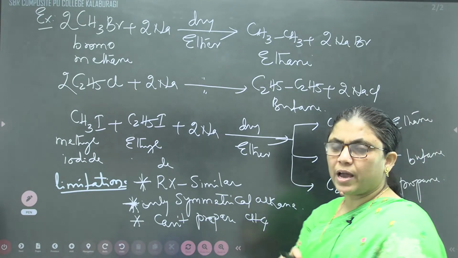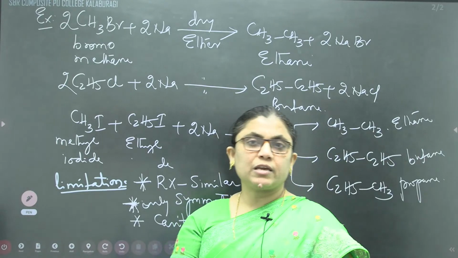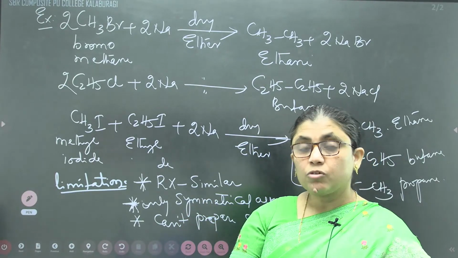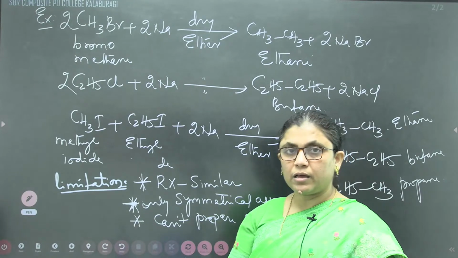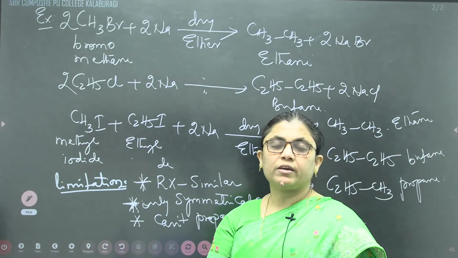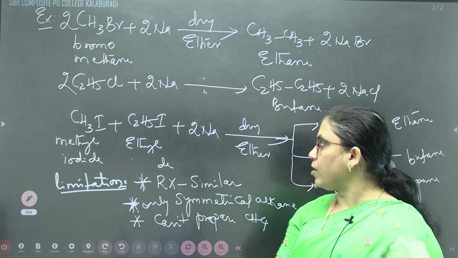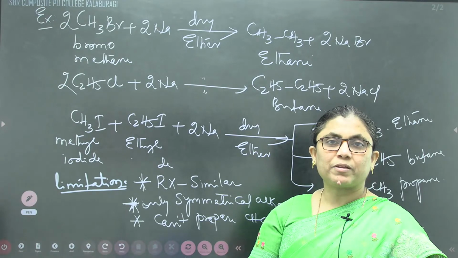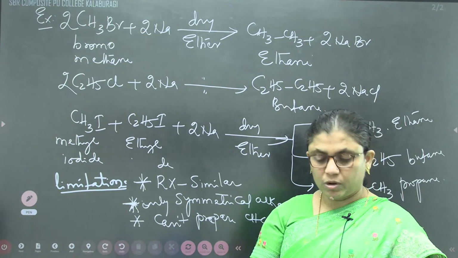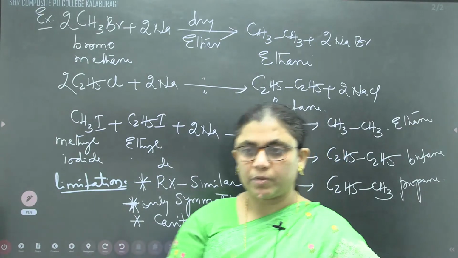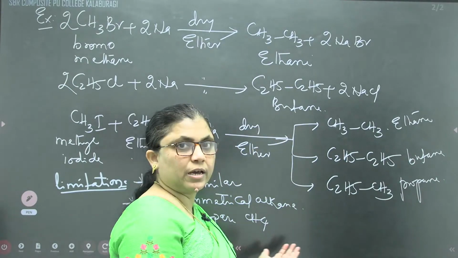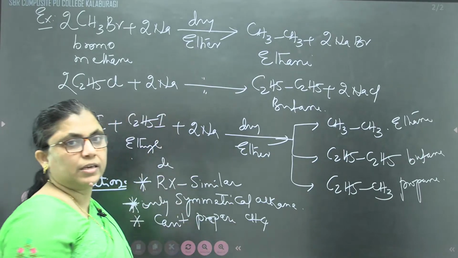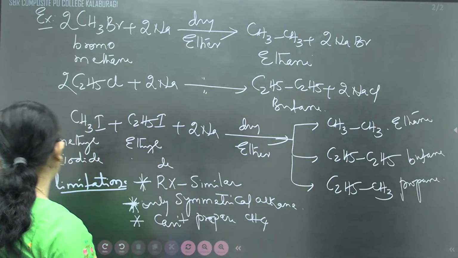Now, one more point may arise: why are we taking sodium metal in dry ether? Because sodium metal, when treated in aqueous medium, will give an exothermic reaction. That's why, as you might have read in lower classes, sodium metal is preserved under kerosene. Because of that reason, we write here that the medium should be dry ether. Only in presence of dry ether are all these reactions possible.